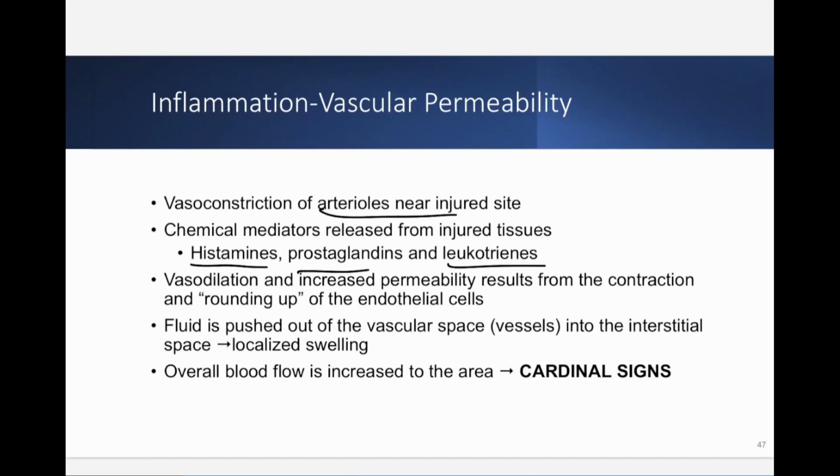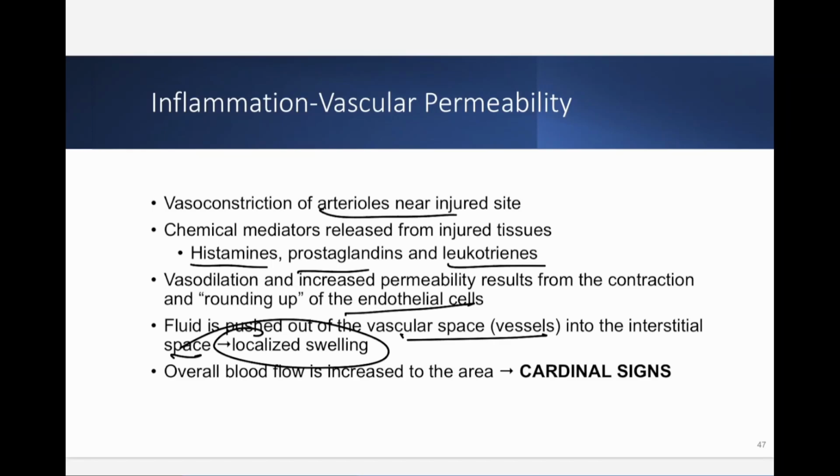We get vasodilation and increased permeability from the contraction and rounding up of the endothelial cells. Fluid is pushed out of the vascular space into the interstitial space, and that causes the swelling. Swelling was one of the symptoms, and this is why it happens: with increased vascular permeability, fluid goes into the interstitial space, causing edema to form.